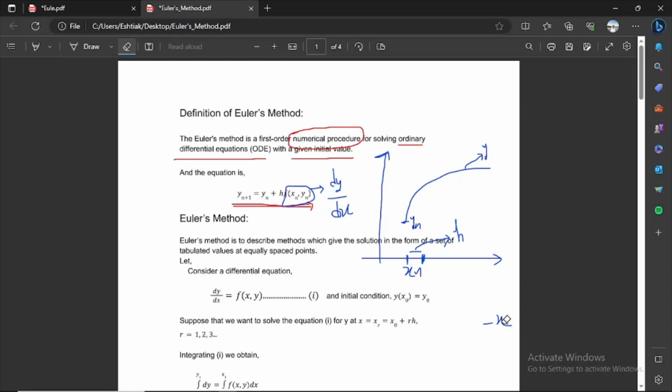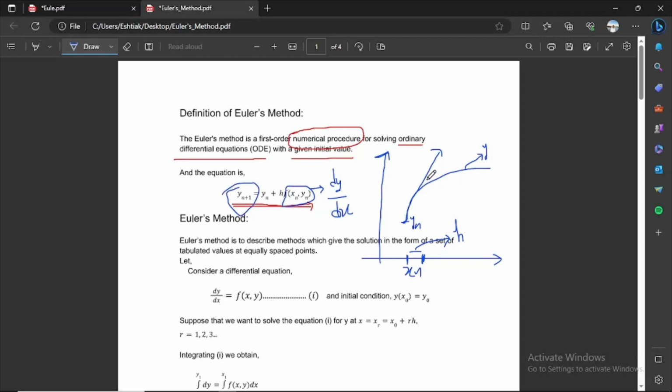Okay, here this differential dy by dx, that means the function of x and yn, is saying that we are going to plot a tangent line at the initial point, and this is our tangent line. This tangent line will give us our next approximated value of our function, which is yn plus 1.